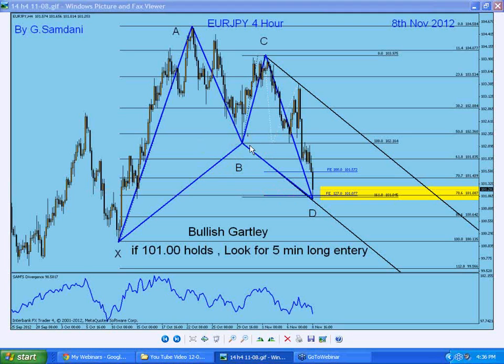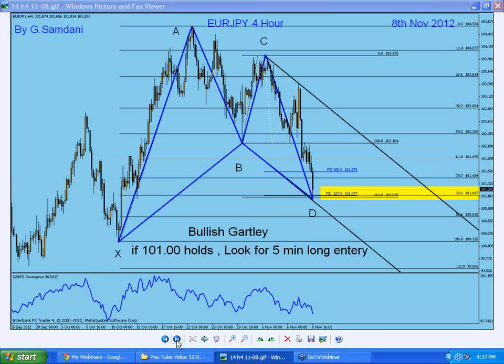So this one was a little mistake on my part, because this pullback was 50%. It should be 61% here for it to be a Gartley. Otherwise, if it's only a 50% first pullback at point B, then it would be a bat pattern at 88.6, right around here. And that's what this pair exactly did.